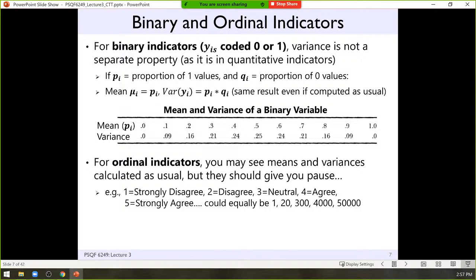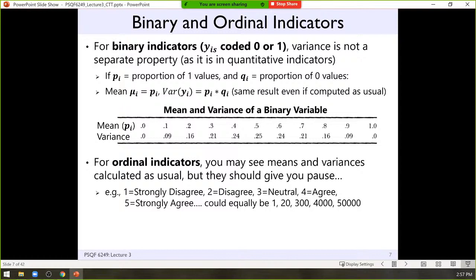So this distinction is often ignored. You will see ordinal indicators treated as if they're really numbers, but they're not. And treating them as if they're really numbers gives you an optimistic view as to how reliable those indicators actually are. So we will see this when we contrast models, confirmatory factor models that pretend these sorts of indicators are actually numbers that are continuous versus models that understand that if I have a 1 to 5 scale, all of the predicted item responses have to be 1, 2, 3, 4, 5.